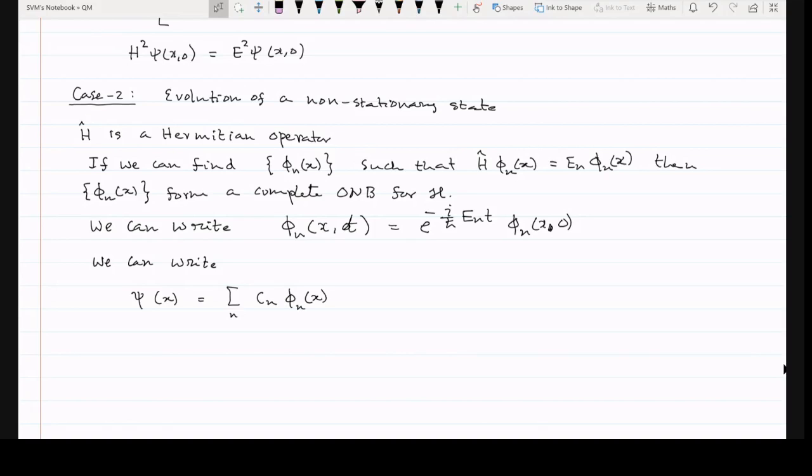Essentially here I mean that psi of x comma 0 can be written in terms of phi n of x.